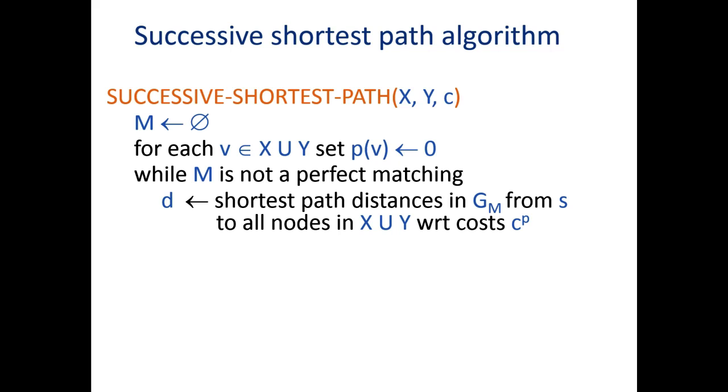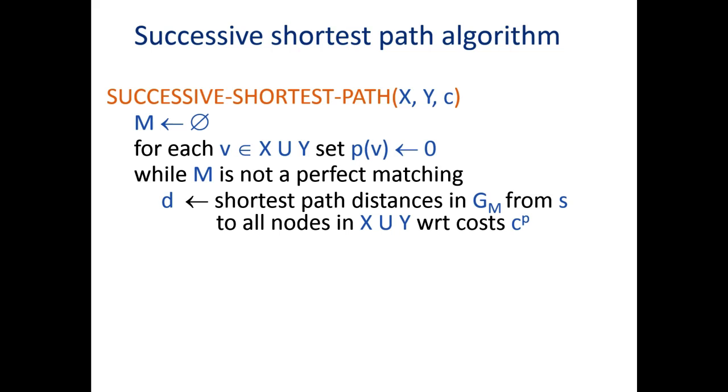So I have this notation for Cp. Let me remind you what that is. Cp of xy is P of x plus Cxy minus P of y. So these are prices, costs modulated by prices.